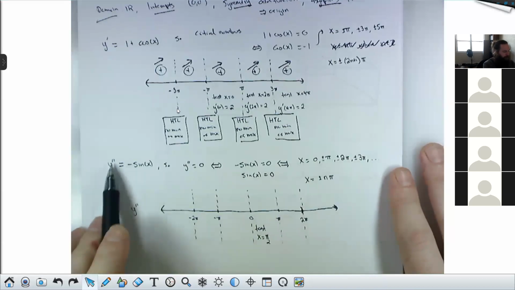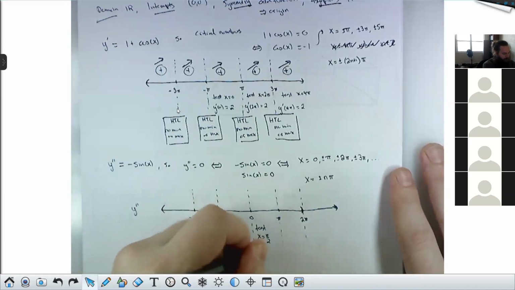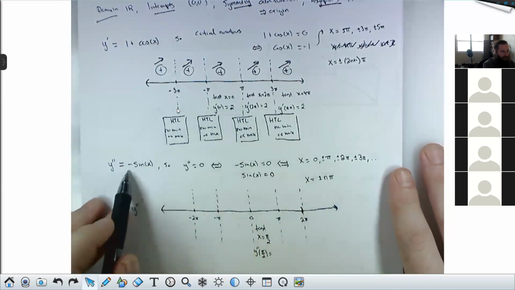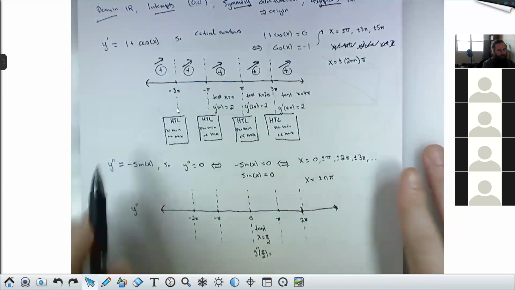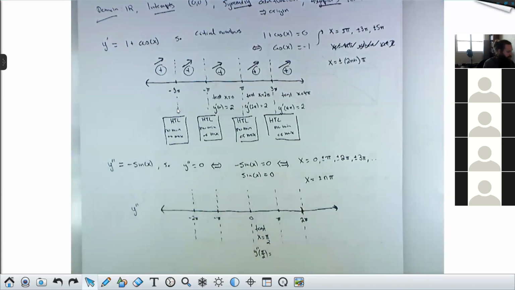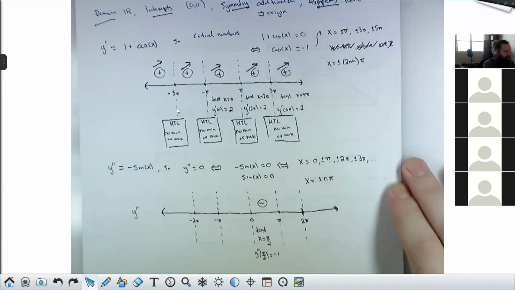So if you plug in pi over 2 to this, y double prime at pi over 2 is what? Well, it's the negative of the sine of pi over 2. What is the sine of pi over 2? Good, so this is negative 1. So we're negative, we're concave down in here.